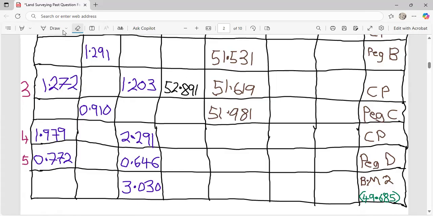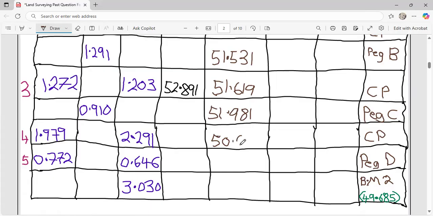And that is going to give us 50.6 on the calculator.